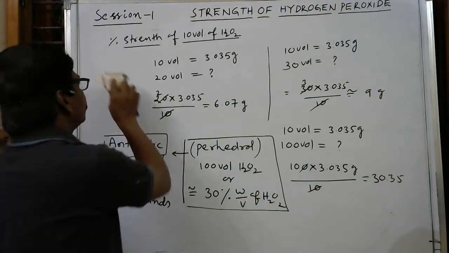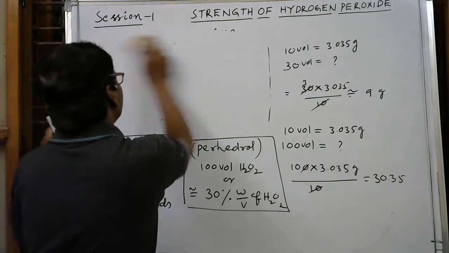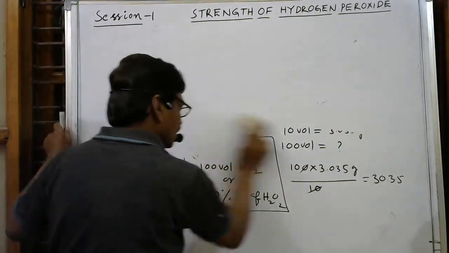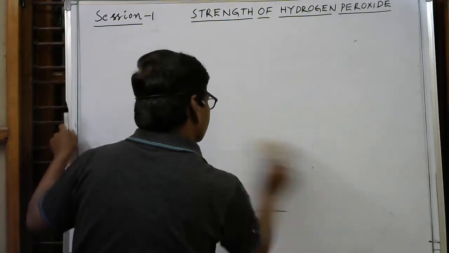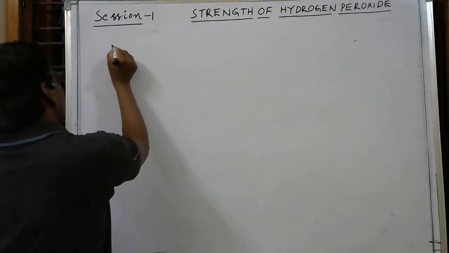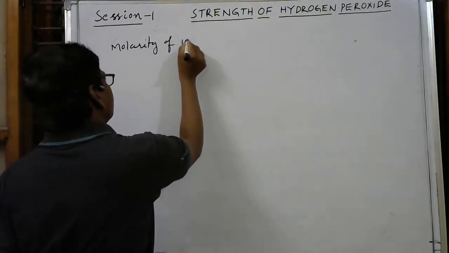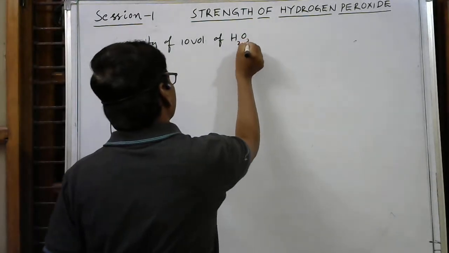Now I'm calculating the molarity of 10 volumes of hydrogen peroxide. Heading: molarity of 10 volumes of H2O2.